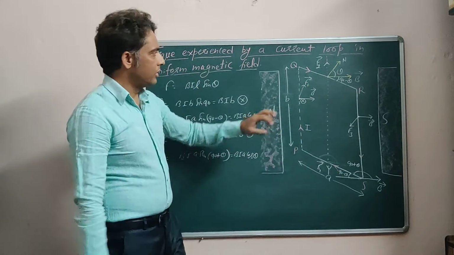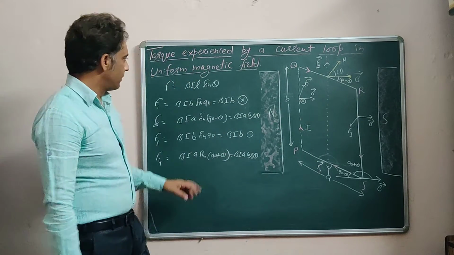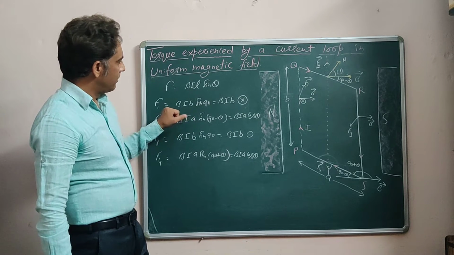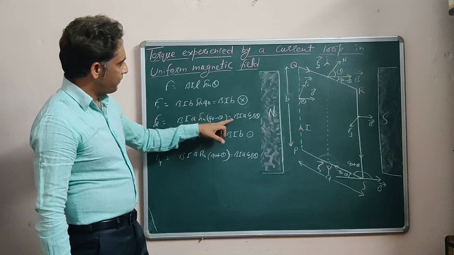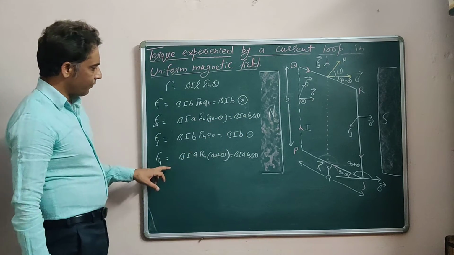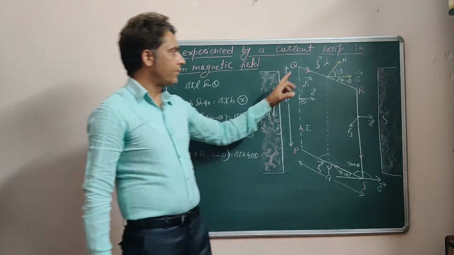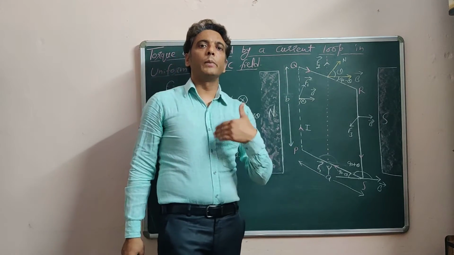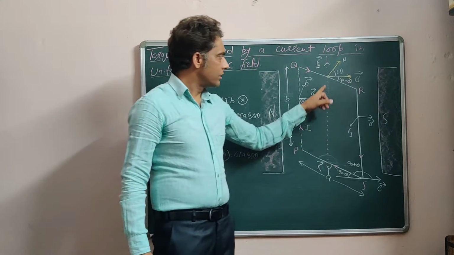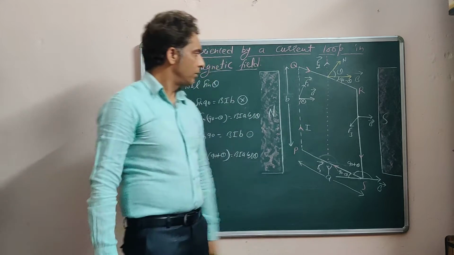Also the magnitude of F2 and F4 is the same, equal to BIA cos theta. This is F2 and F4 is also BIA cos theta. So these two forces are equal in magnitude, opposite in direction, and acting along the same line. So their net resultant is 0.